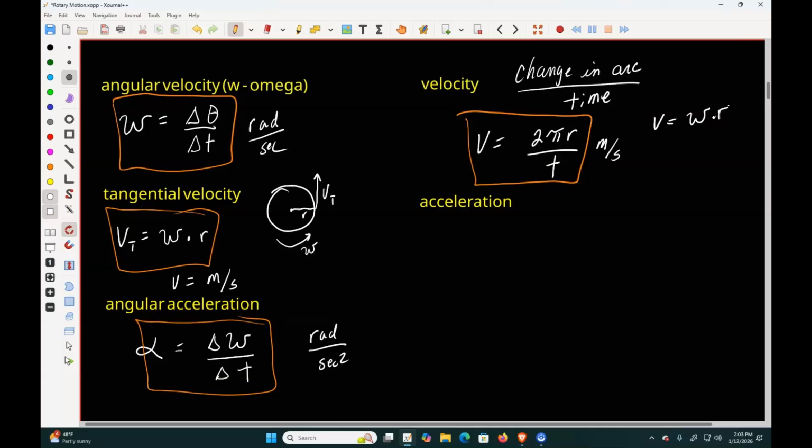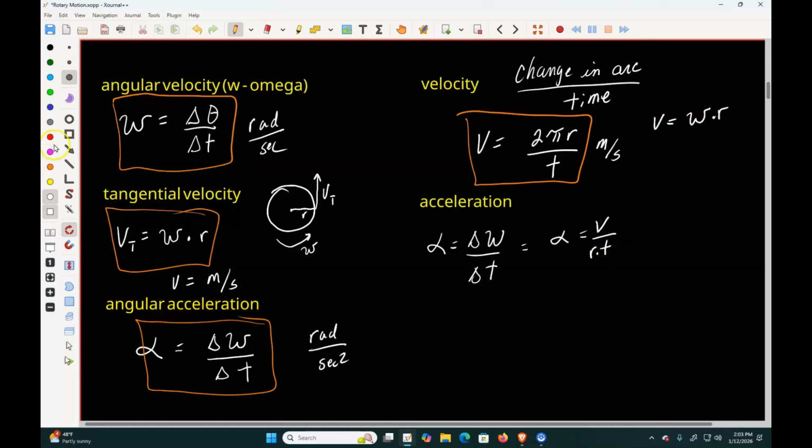For acceleration, we said that angular acceleration is equal to the change in angular velocity over the change in time. So that means we could say that angular acceleration is equal to velocity over time times the radius.